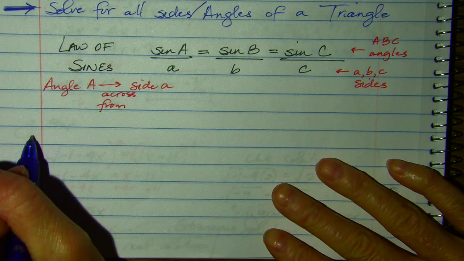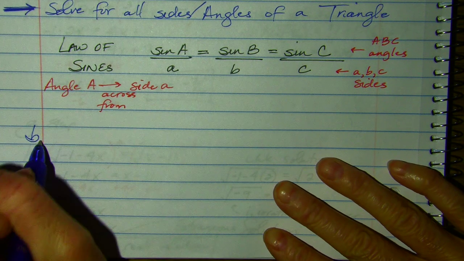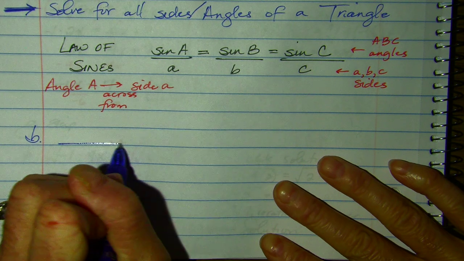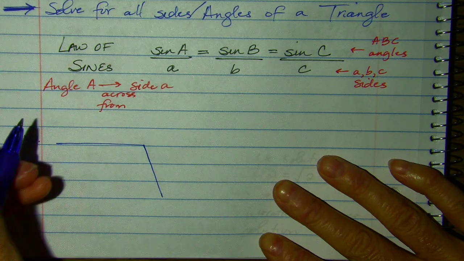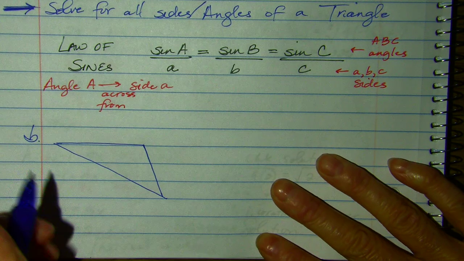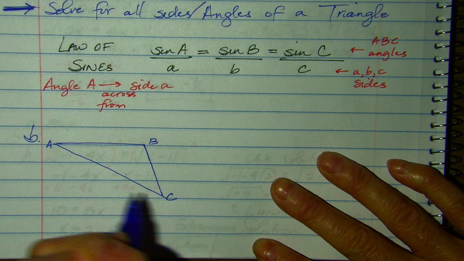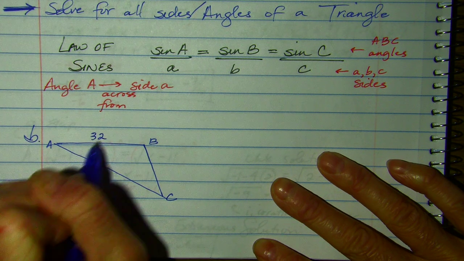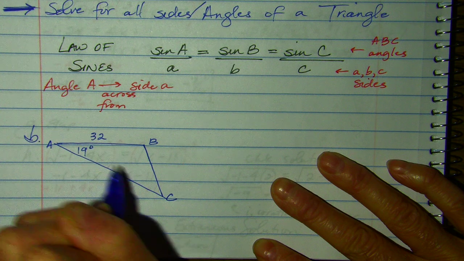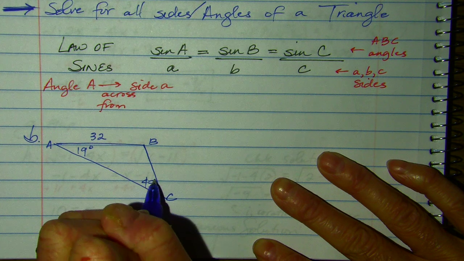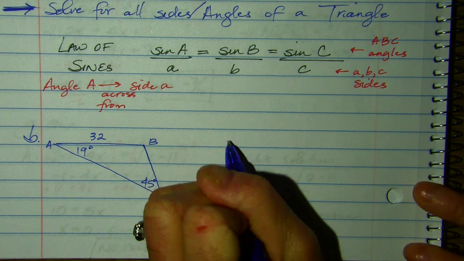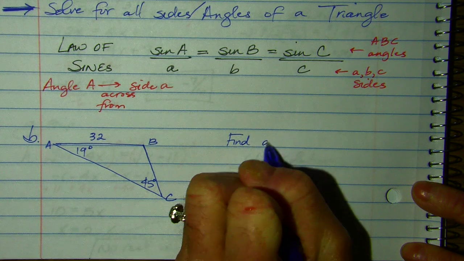So in part B, it has the following triangle. I'm going to label it; they have this as A, B, C. This is 32. This is 19 degrees. This is 45 degrees. And they'd like us to find a.